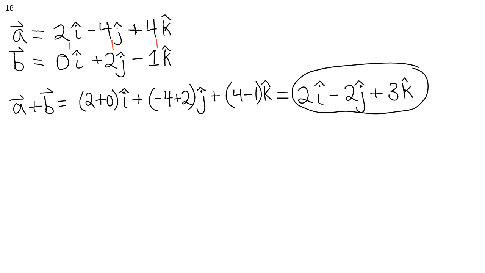2A plus 3B. 2A plus 3B, I mean B vector. 2 times the A vector is 2 times 2i hat minus 4j hat plus 4k hat.